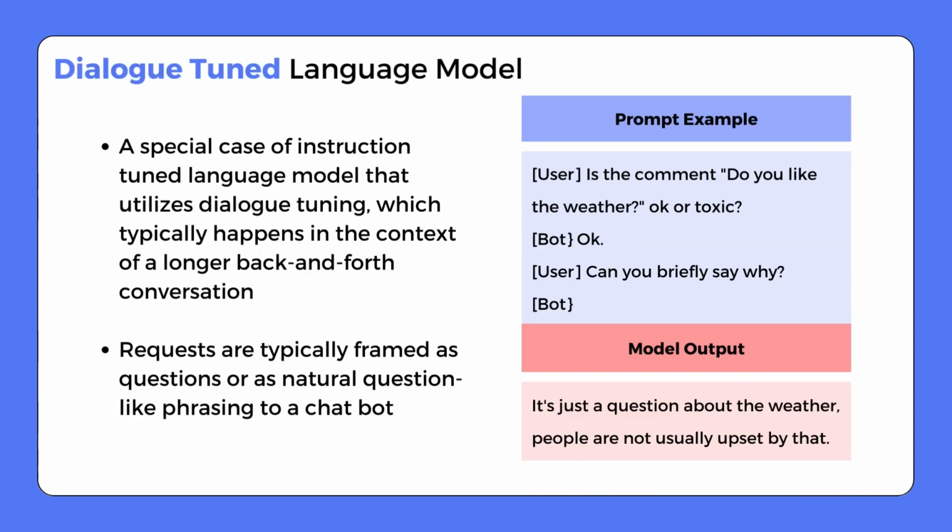And lastly, we have dialogue tuned models, which are a specialized type of instruction tuned models. However, they aren't just waiting for instructions, they're trained to engage in a back and forth conversation. You might typically encounter them in the form of chatbots. If you've ever asked a virtual assistant a question, it's likely you've interacted with this kind of model. It's all about enabling a natural conversational interaction.